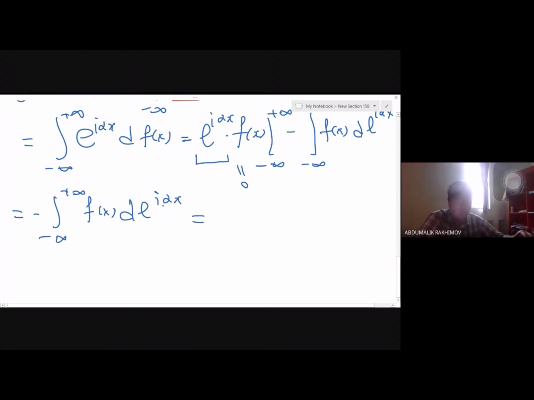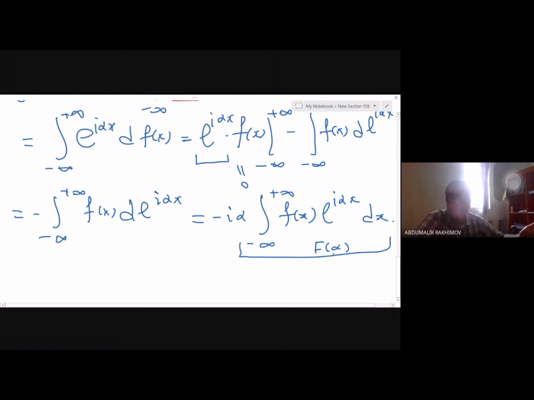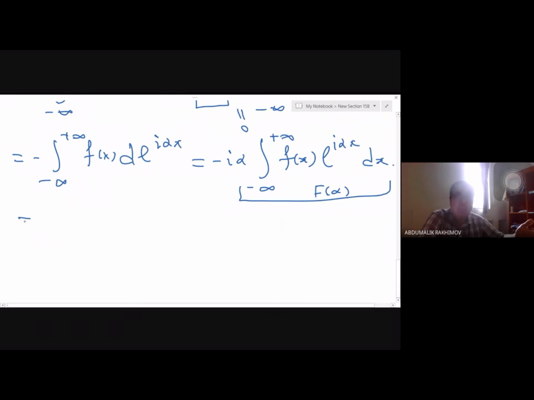If I differentiate, I will get iota alpha. Then iota alpha I can write outside of the integral, f(x), and the derivative of the exponent is the exponential dx. If you look at this integral, this is actually F(alpha), right? It's the Fourier transformation of function f. So which is equal to minus iota alpha F(alpha), right?